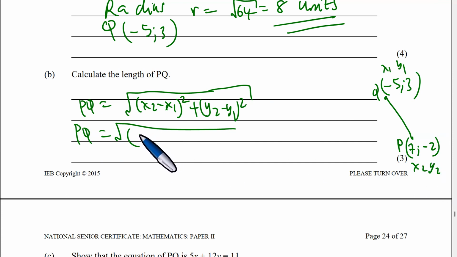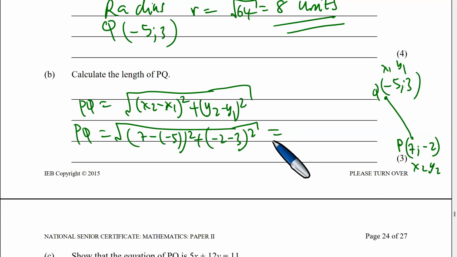What is x2, which is 7 minus x1 which is -5, you square that, and -2 minus 3. So you have the square root of 169, which is 13 units. So the length of PQ is actually 13 units.